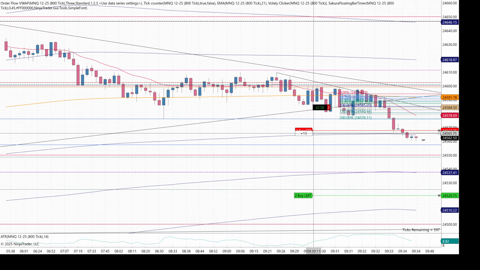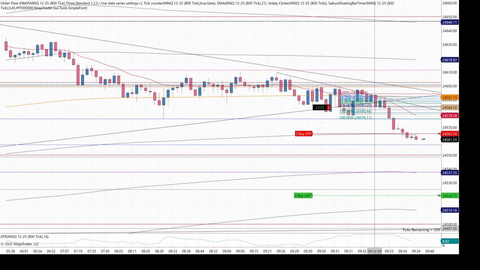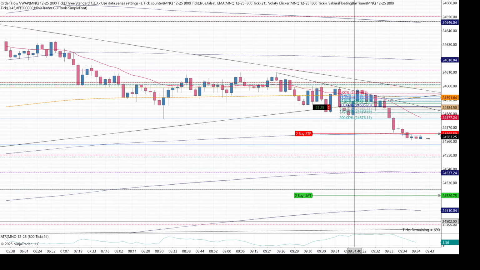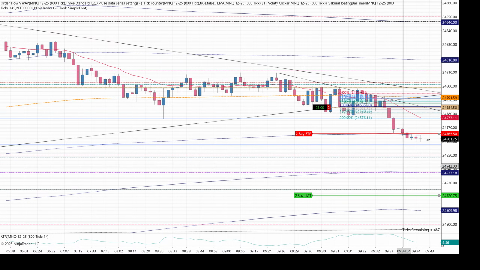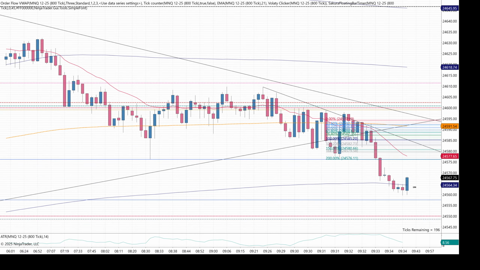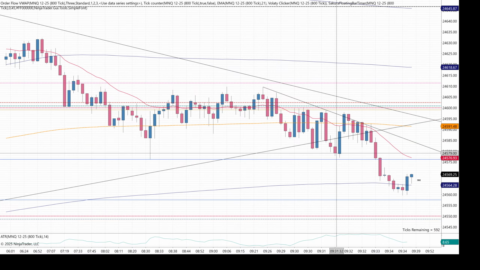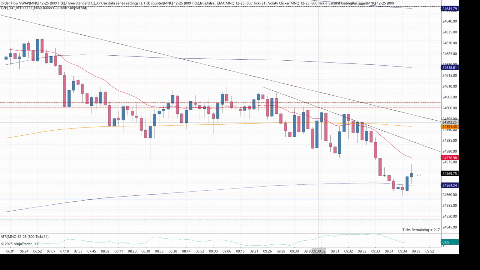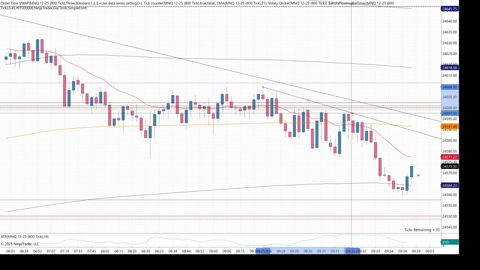Okay. All right, very good trade. Runner is taken out. Delete some lines here. Update this downward trend line.